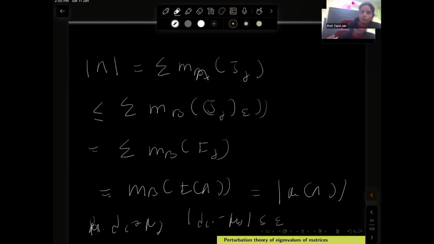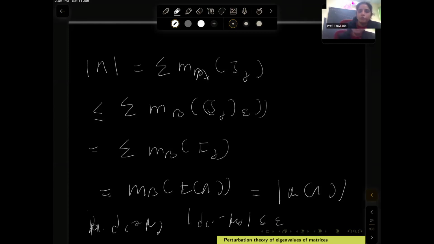That means my optimal matching distance d(λ, μ) is less than or equal to the norm of A minus B, which we get for all unitary matrices. In fact, we have a Weyl-type inequality: not exactly in order, but in the unordered case, the optimal matching distance between the eigenvalues is less than or equal to the norm of A minus B.